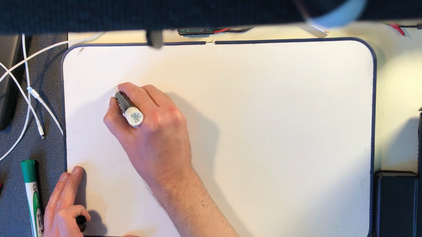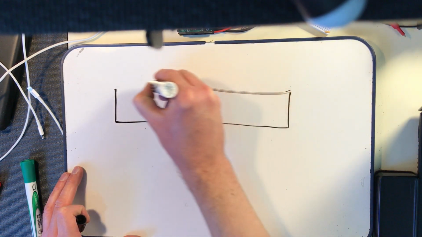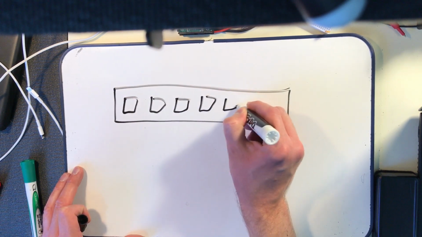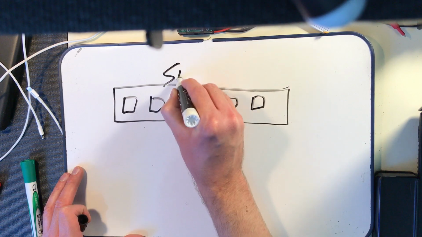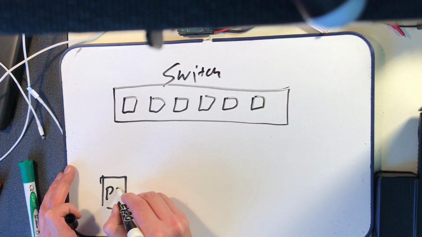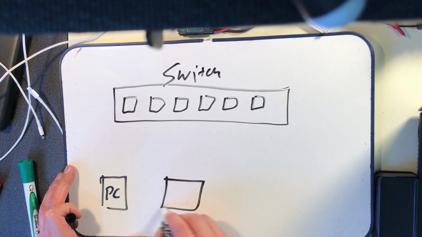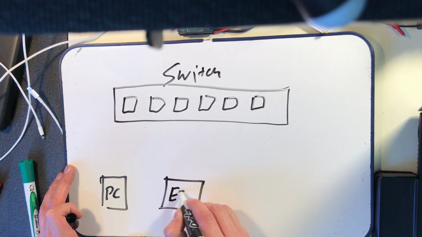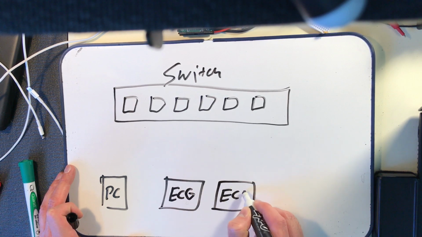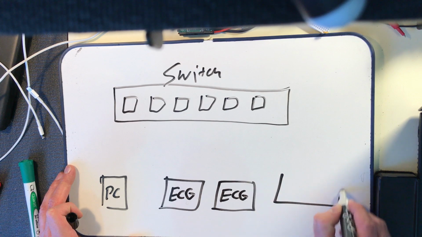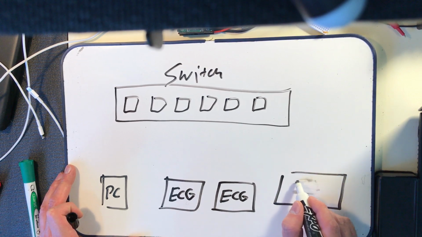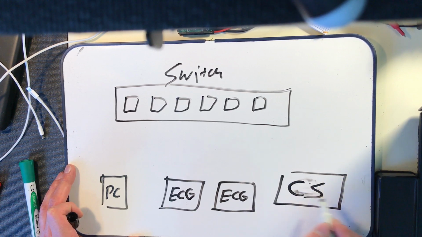So say you have your switch here, some ports, and keeping with the theme of BMET, let's have our ECGs and our, not a server, let's say it's the central station.